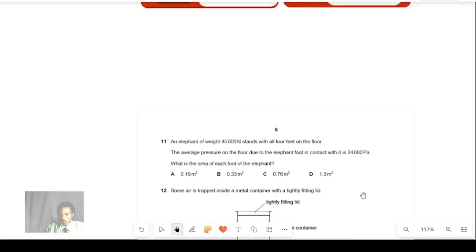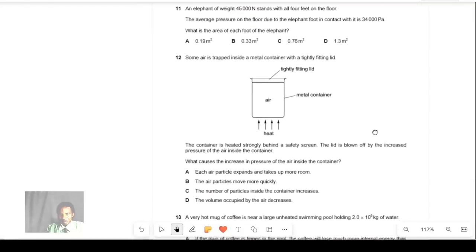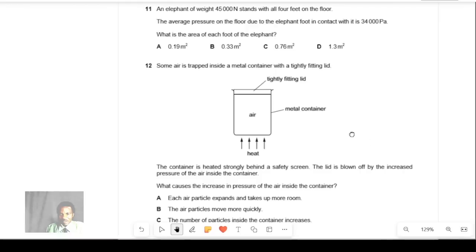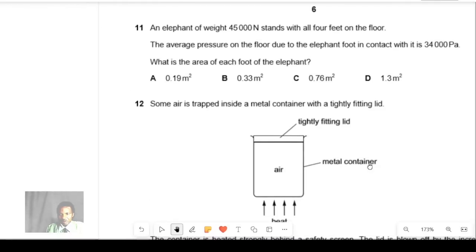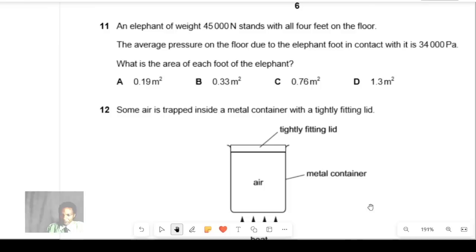Alright, so let's go to question 11. Question 11 has to do with pressure. In this particular question, you have an elephant, and the weight of the elephant is 45,000 Newton.